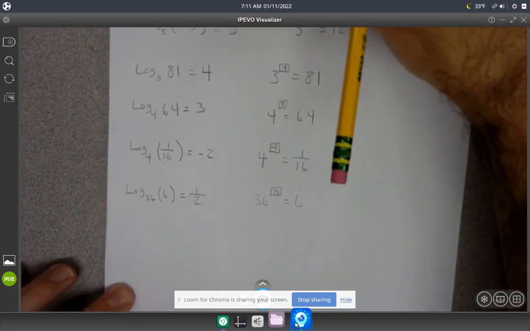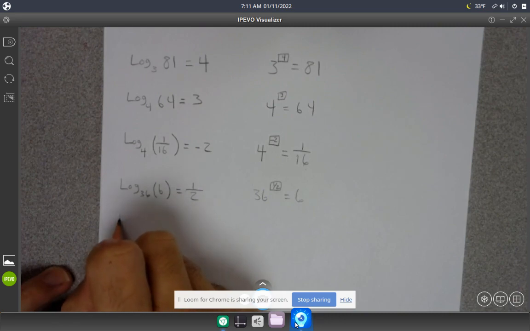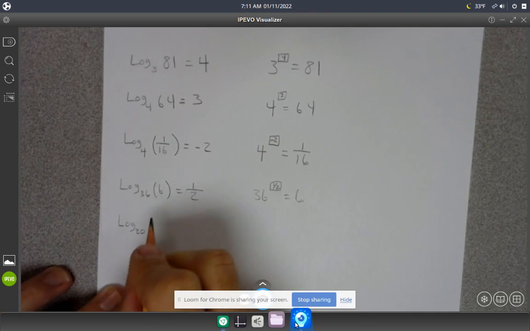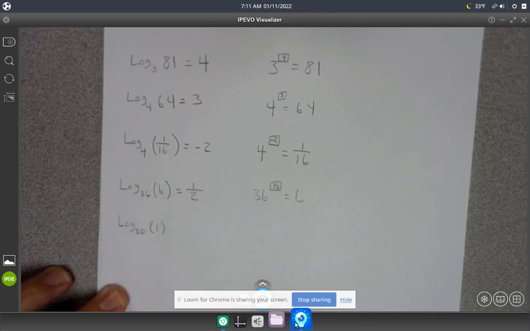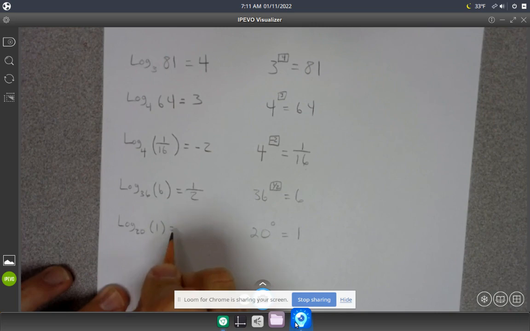Some of them are very predictable. If I look here, this is one of the special cases: log base 20 of 1. This is asking 20 to what power equals 1? What do I have to raise 20 to get 1 as my answer? That would be 0, because everything to the 0 power gives you 1.